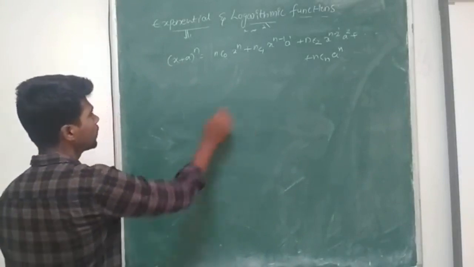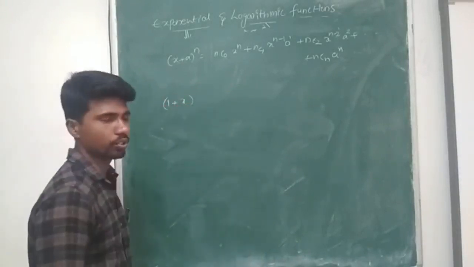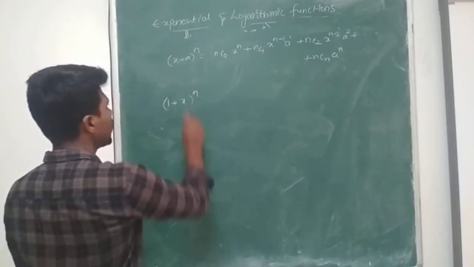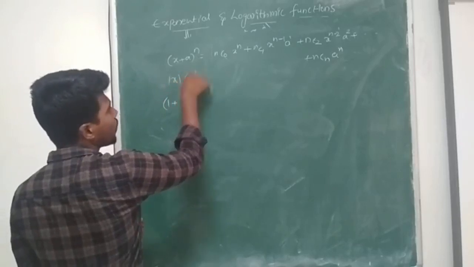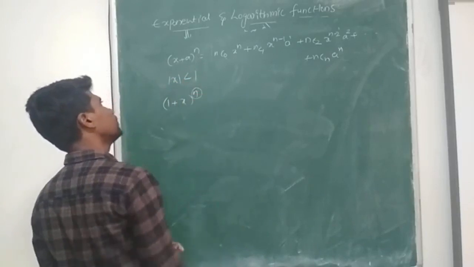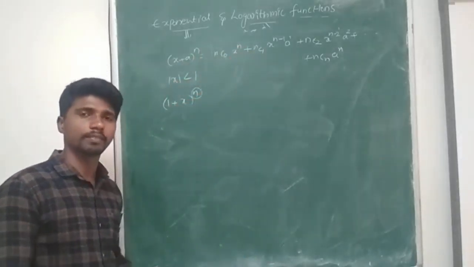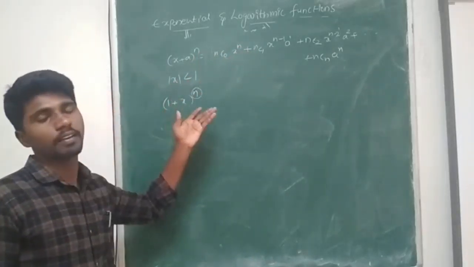Suppose I have 1 plus x, what we most frequently use, 1 plus x whole to the power of n, for modulus of x less than 1, and for n integers we learned. So for any integer, we are now replacing this n with a fraction.